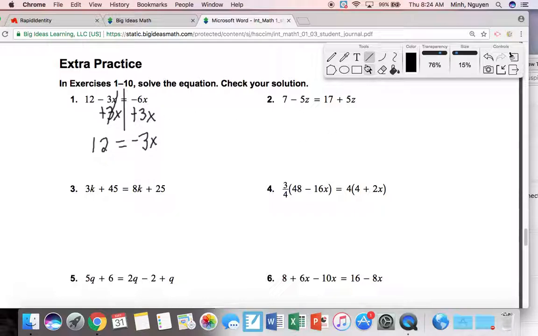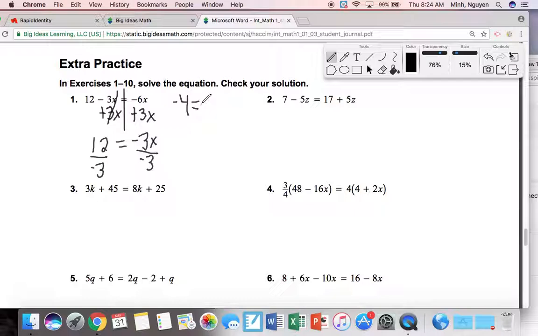And so we have to think about how we would cancel out the multiplication, because they're being multiplied. The inverse operation of multiplication is division. So we do that, voila. And we get a positive divided by a negative is a negative.